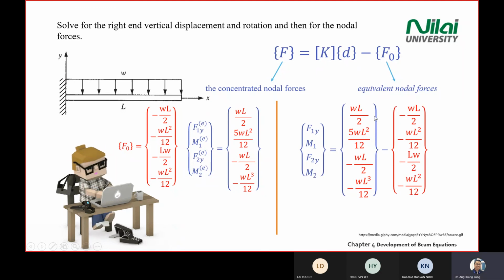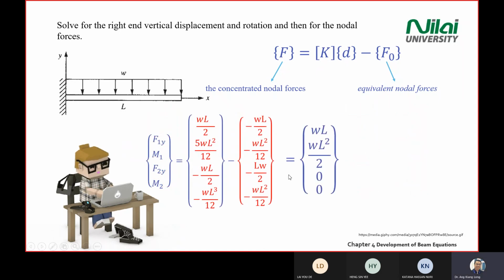Later when you do the mathematics, remember to change the mathematical notation, negative to positive. Then you will get this answer. F1y will equal WL. Moment 1 will be WL squared divided by 2. F2y is 0, moment 2 is 0.